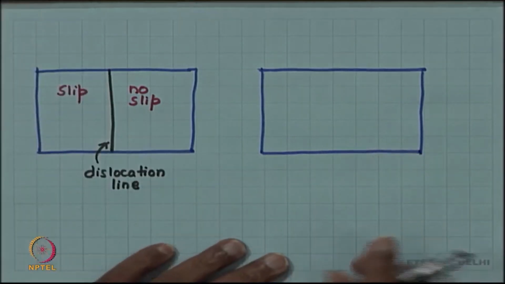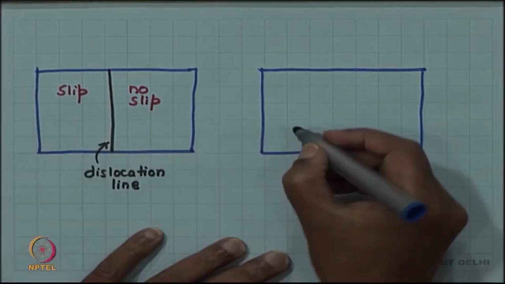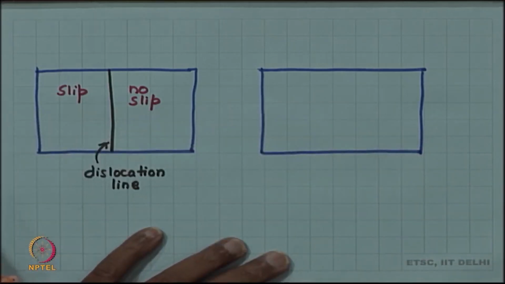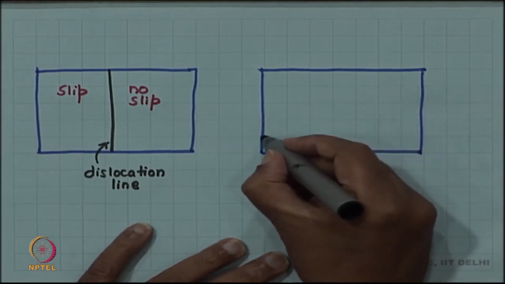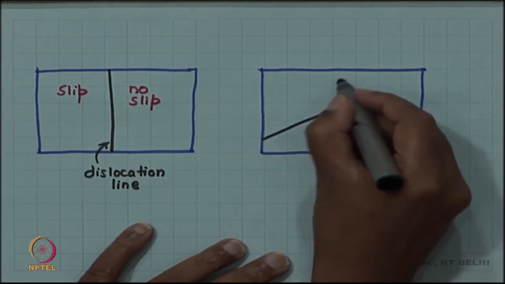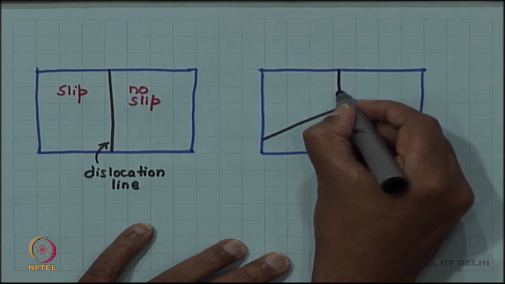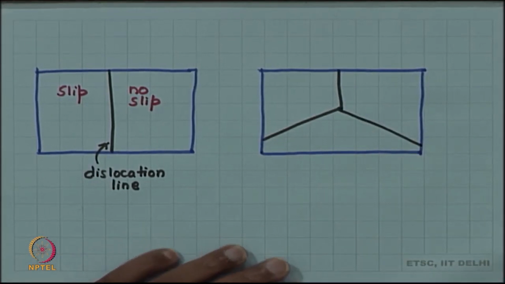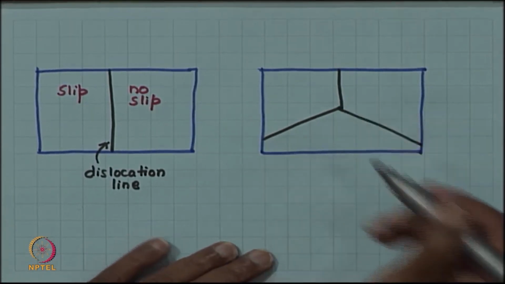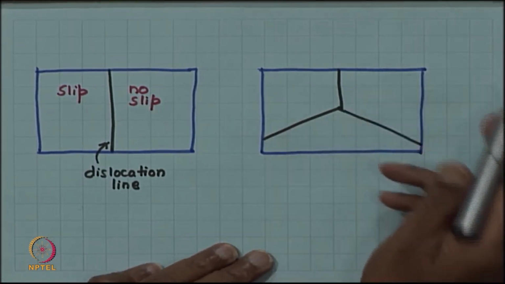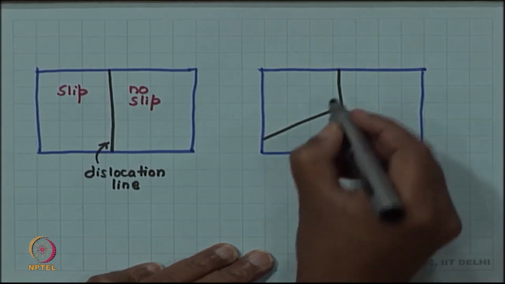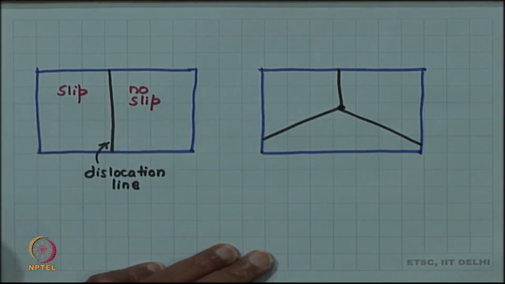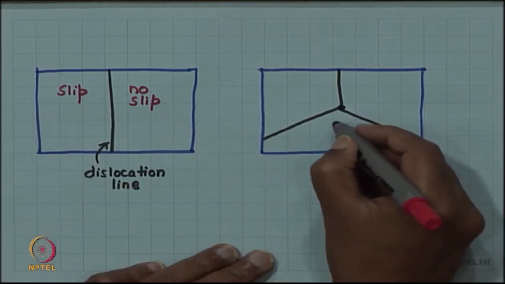So, if I have a slip plane and I divide the plane into more than one region, let me say, instead of 2, now I have divided it into 3 regions. So, I have drawn 3 lines. Each of these lines can be a dislocation line meeting at a common point, and that common point will now be called a node.